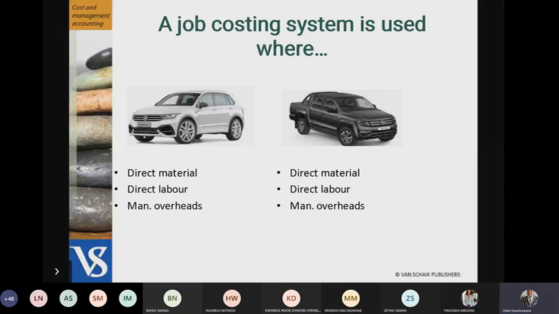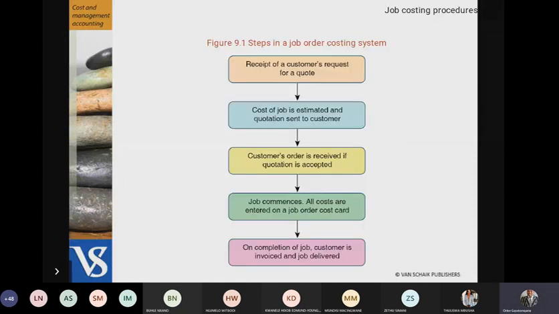As we can see in this picture, this takes us through the steps that we take for the job card. Receipt of a customer request for a quote, in other words, the customer makes a request or books for his or her car to be serviced.